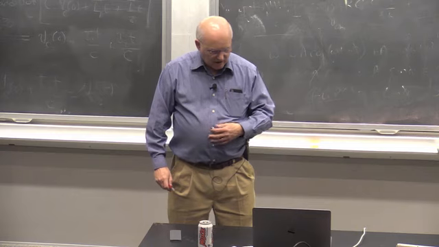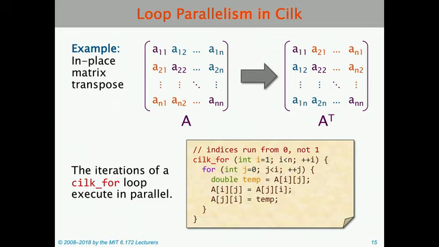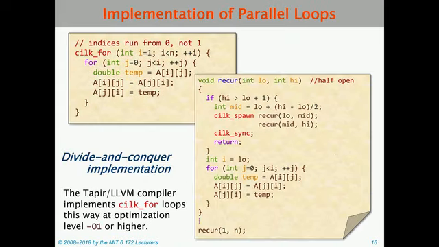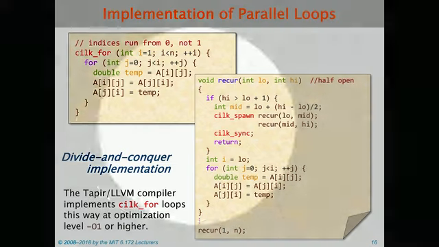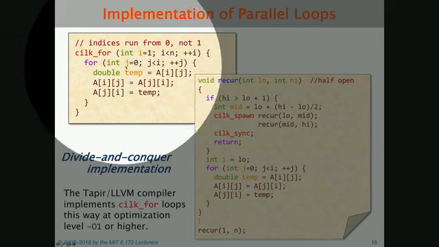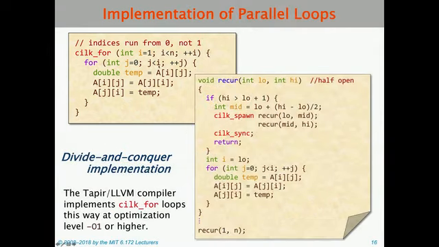Now, so let's talk a little bit about how loops are actually implemented by the OpenCilk compiler and runtime system. Okay? So what happens is we have this doubly nested loop here, but the only one that we're interested in is the outer loop, basically.